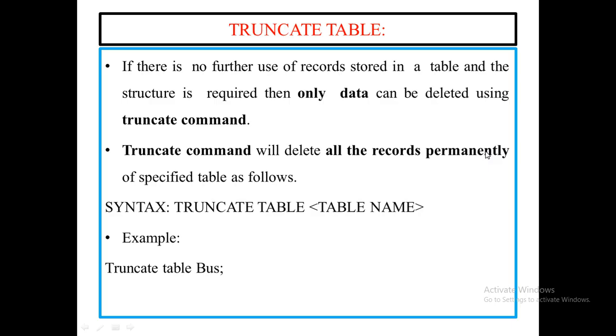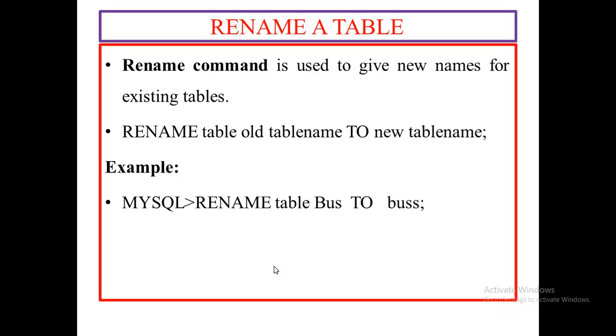But for the time being, I need this table to show you something, and instead of recreating a table, let me skip this one. But if you wanted to delete it, you can say truncate table bus. This will automatically delete everything from your table, which is not recommended.